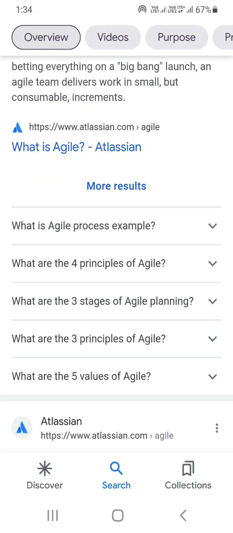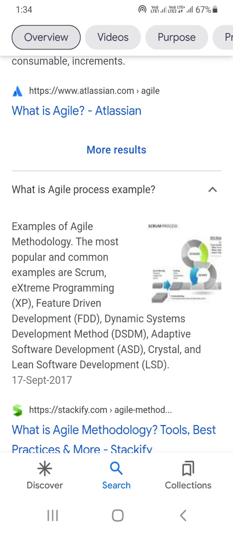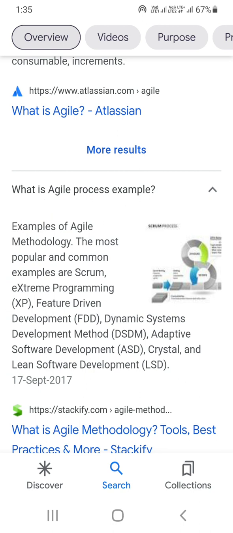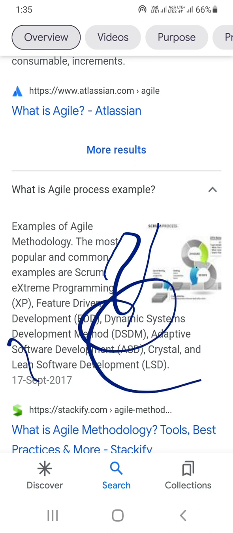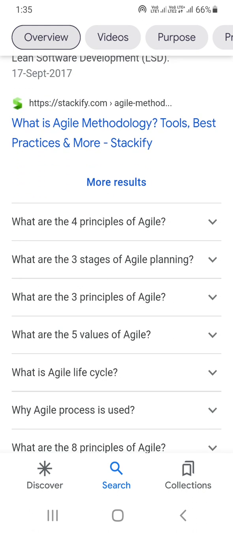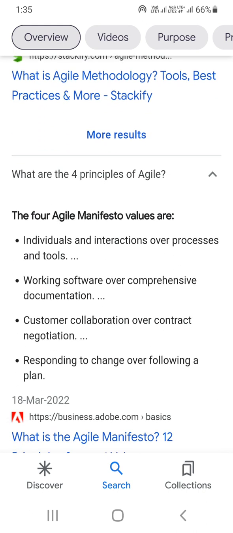Now, what is an agile process example? Examples of agile methodology are Scrum, extreme programming, feature-driven development, dynamic systems development, Crystal, and other things. Four principles of Agile: we have already talked about these four principles.